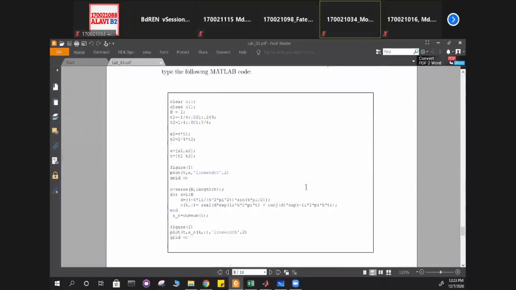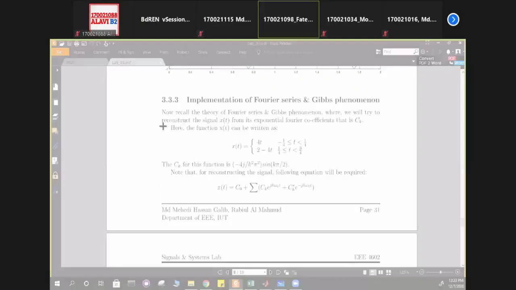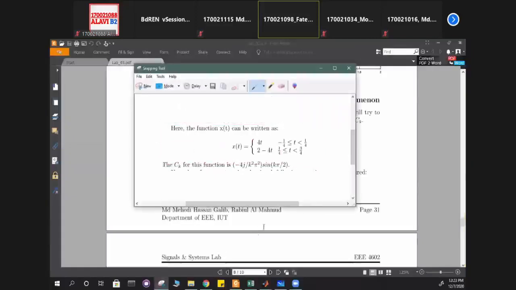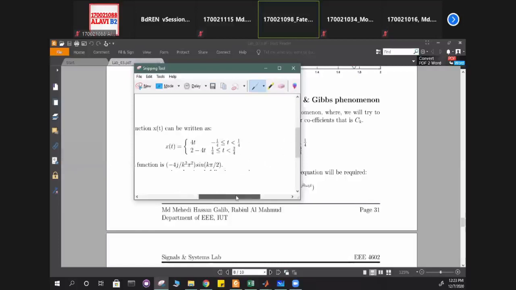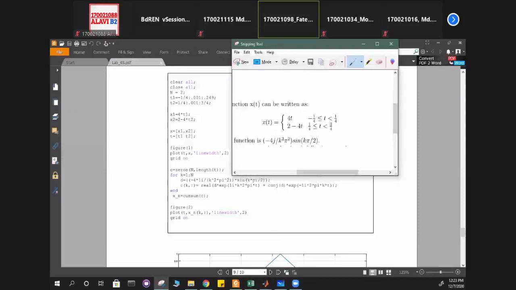I'm giving you 3 minutes, which I think is more than enough to look at this code and try to understand what is happening here.